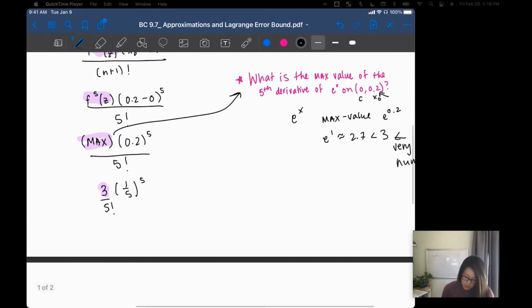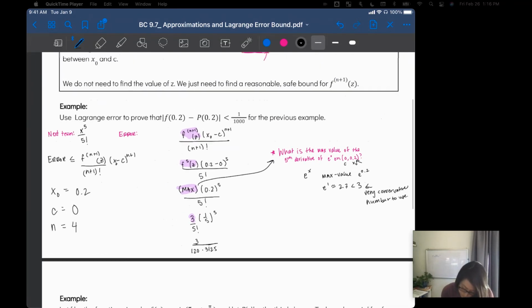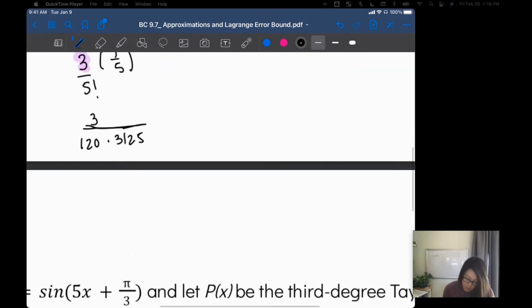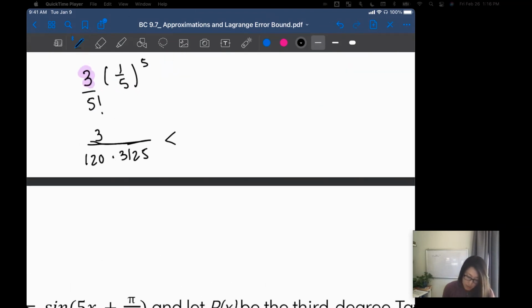Okay, so I'm going to multiply that out. We get 3 over 5 factorial, which is 120, and then 5 to the 5 is 3,125. And what I know is that we just want to show that our error is less than 1 over 1,000. So we know that this error, 3 over 120 times 3,125, is definitely less than 1 over 1,000.